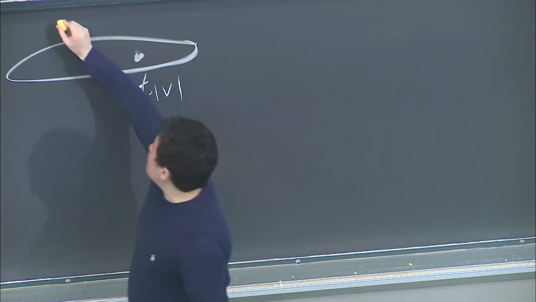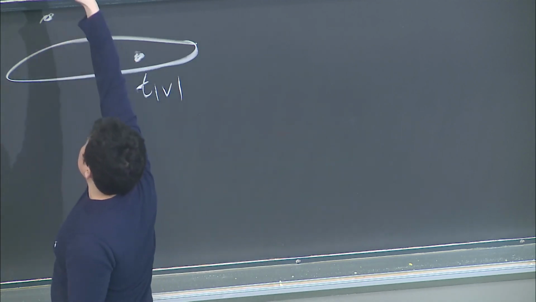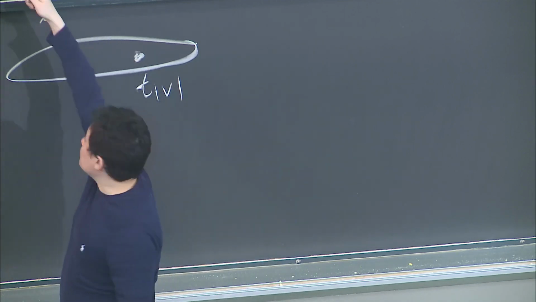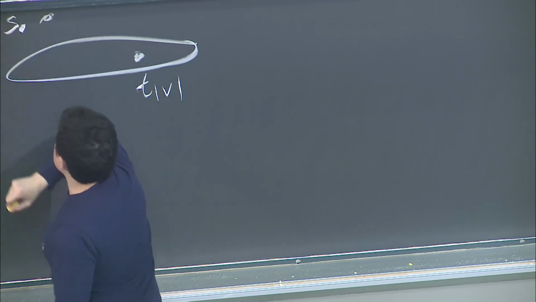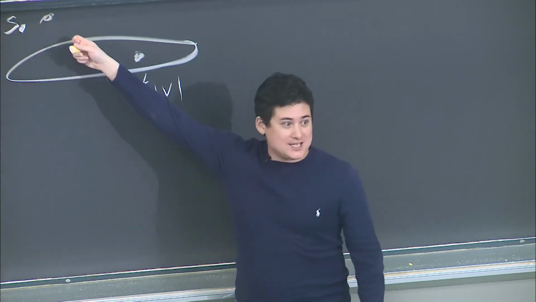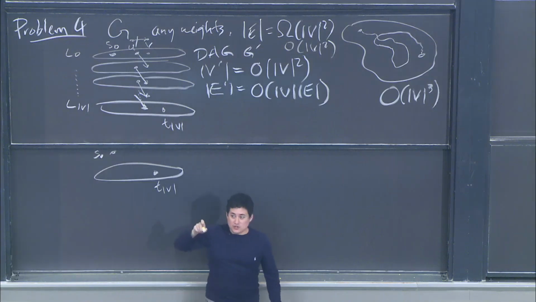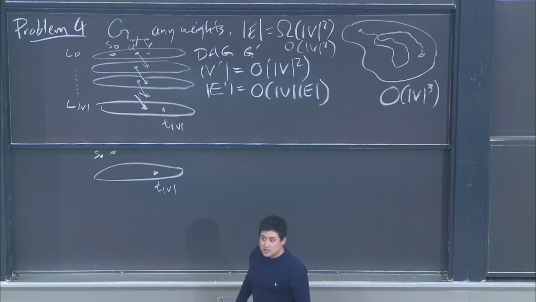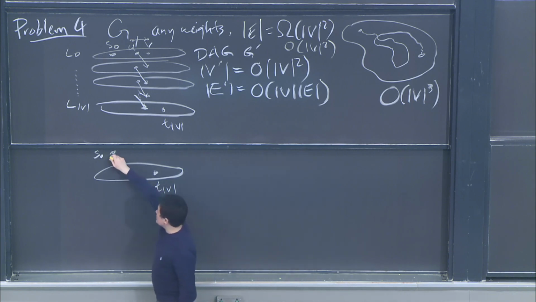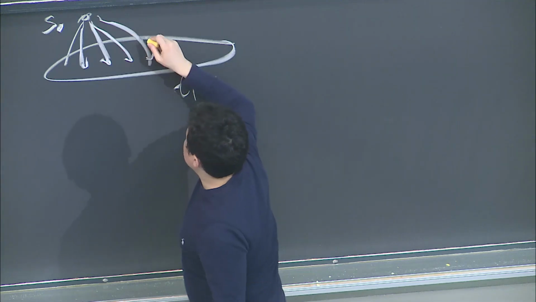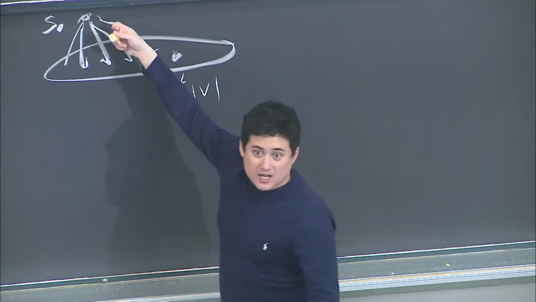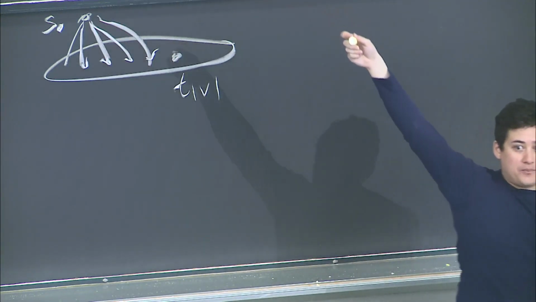And I actually know what the shortest path distance was from S0 to each of these vertices, just from what I did up here, DAG relaxation on this graph, because I did that in v cubed time up here with DAG relaxation. So I could add a supernode to this thing with a directed edge to each vertex, weighted by the shortest path distance I found up above.